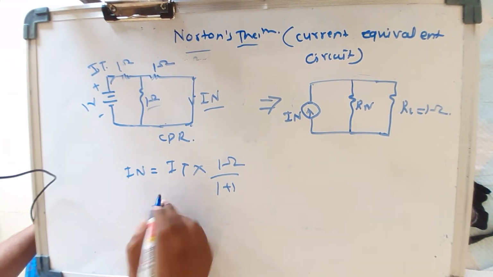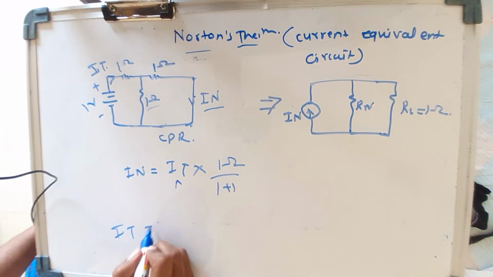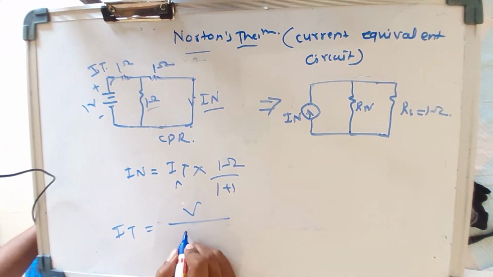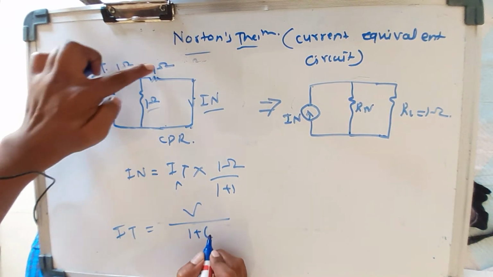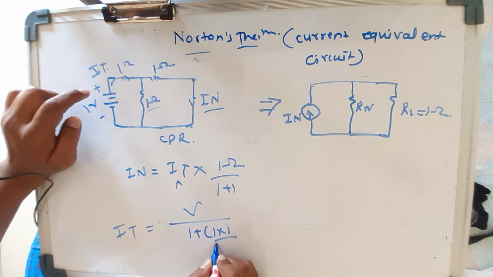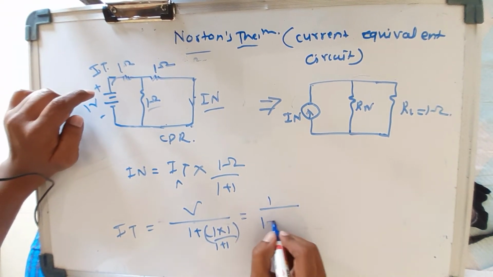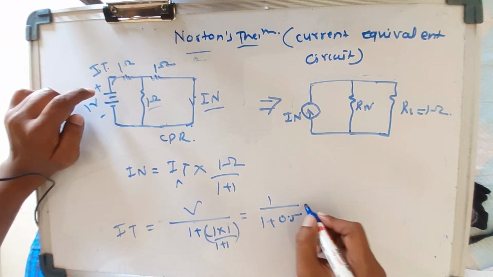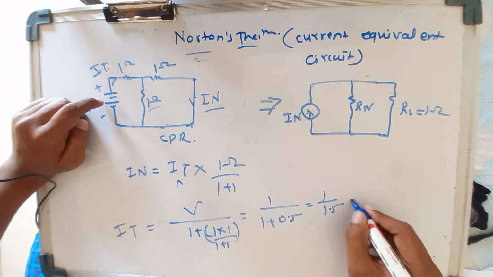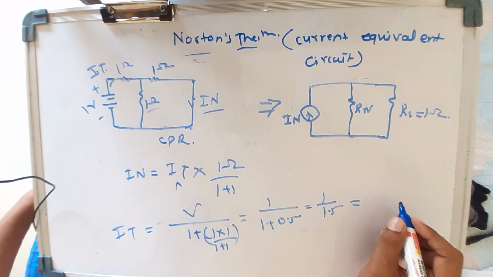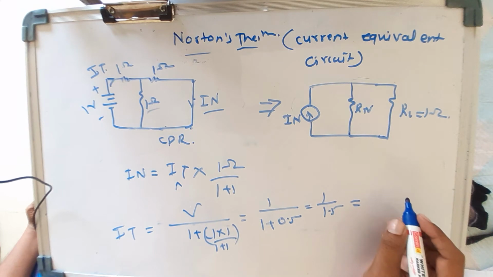Firstly we have to find the value of I_T. So I_T equals V divided by this 1 plus these two, 1 into 1 over 1 plus 1. These two are parallel, so V is 1, 1 plus 0.5. So 1 divided by 1.5. Just check the value.